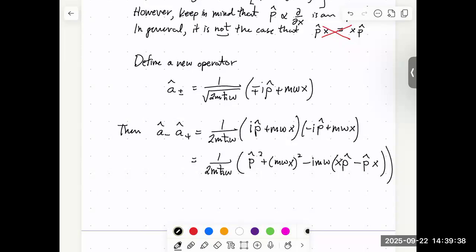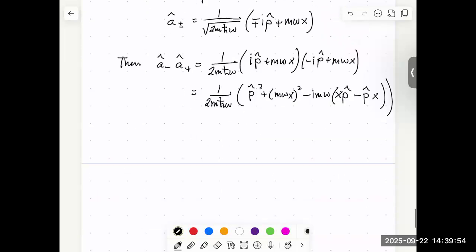So you can see what the problem is going to be here. This is x times the derivative of x. This is a derivative of x acting on x, and so it's actually going to kill this. And so these things don't cancel, and that's the issue. So x p hat minus p hat x has a name. It's called the commutator of x and p hat.